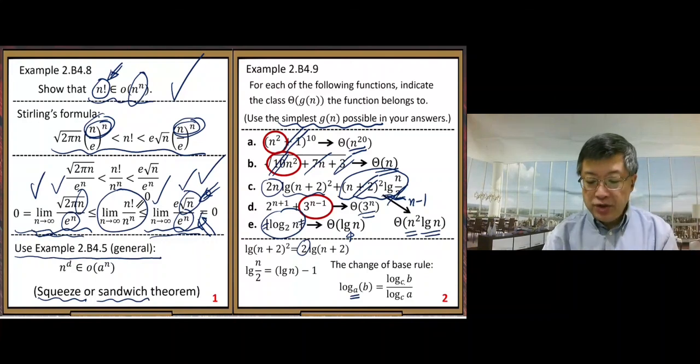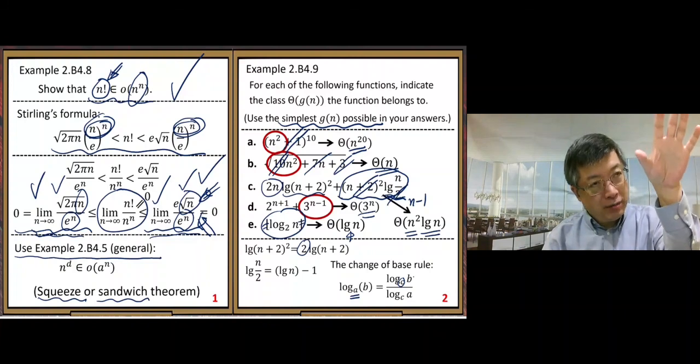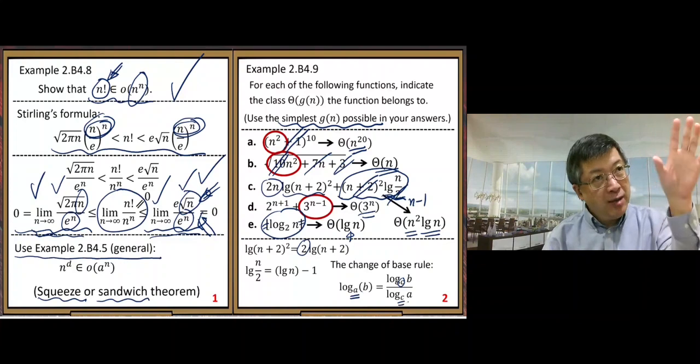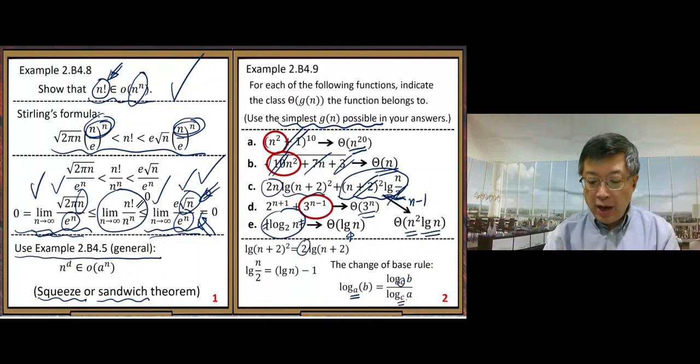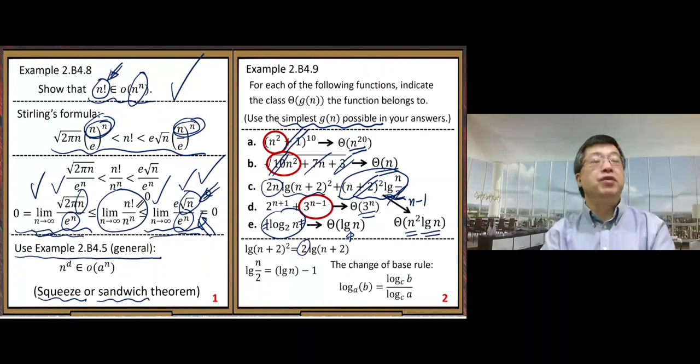For the numerator, you use base C and apply the log function on B. For the denominator, the same base C, you apply the log function on A. Then you take the ratio. Here I just review a little bit, the change of base rule.